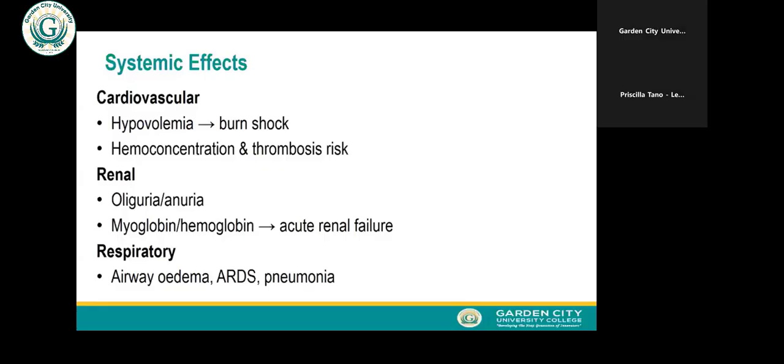Now, if you get to full thickness burns and the muscles have been destroyed, there will be what? Increased production of myoglobin. If myoglobin is increased and it attaches itself to the high concentration of hemoglobin, it causes what we call acute tubular necrosis, or better so, acute renal injury.